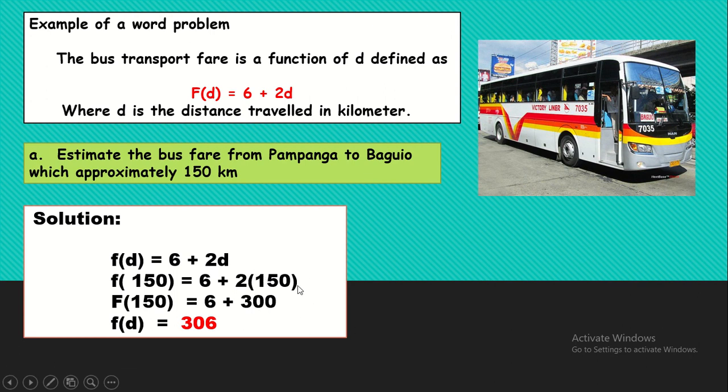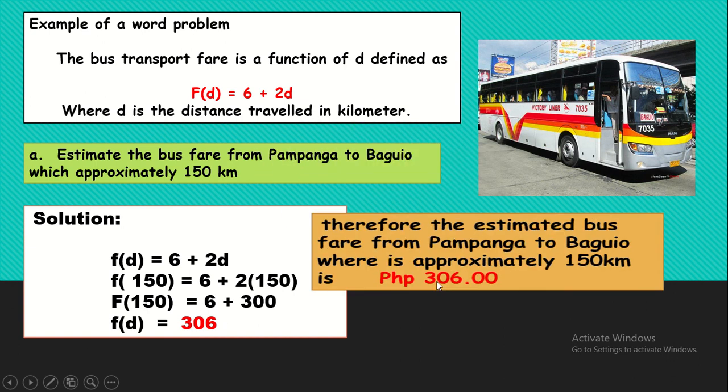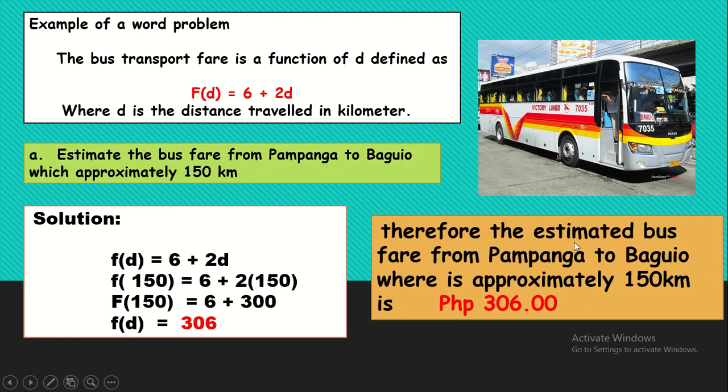And then simplify our answer. So 2 times 150 is 300. If we add, we will get the answer of 306. Therefore, the estimated bus fare from Pampanga to Baguio, approximately 150 kilometers, is 306 pesos.